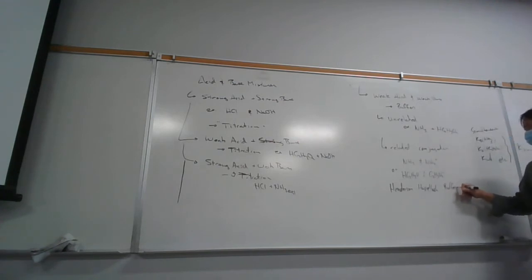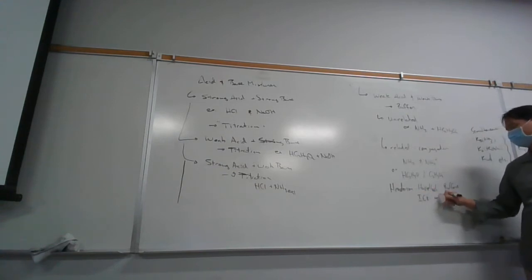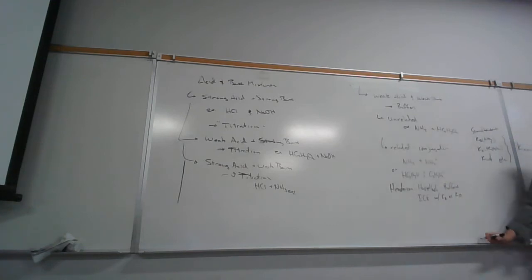And for Henderson-Hasselbalch buffers, we could just do a normal ICE table with Ka or Kb. It's an easy way to handle this. But this one is simplified into the Henderson-Hasselbalch equation, the HH equation, so we don't even have to do an ICE table.